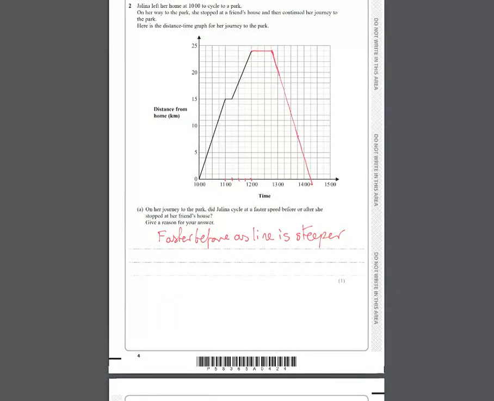Well, she's cycling on the way back for 1, 2, 3, 4, 5, 6. So that's 1.5 hours on the way back. And on the way there, 1, 2, 3, 4, 5, 6, 7.